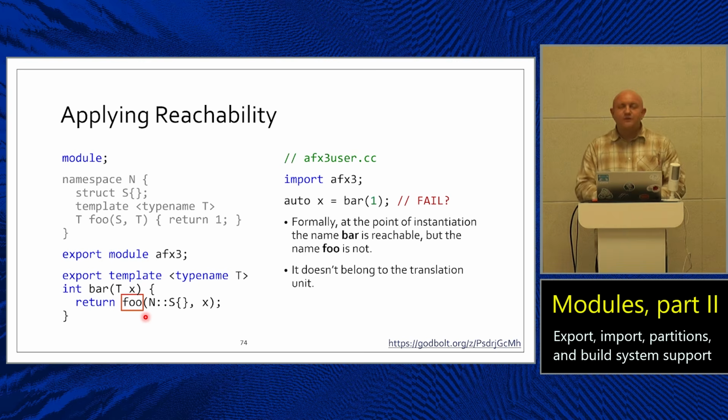At the point of instantiation, what can we really tell? What can we really tell about what foo refers to? Not at all. At that point, it could mean absolutely anything, and according to the rules of reachability, it's not decl-reachable, and thus not reachable. And because of that it is discarded. Formally, the name bar is reachable, but foo isn't.